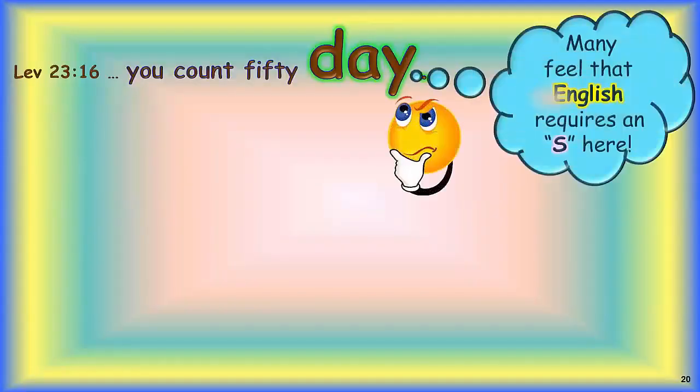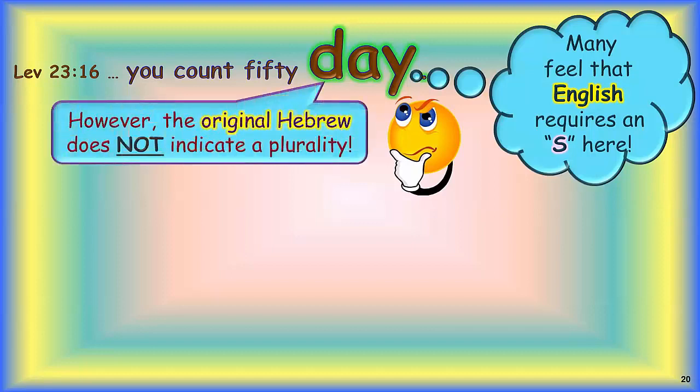Leviticus 23:16, you count 50 day. Many feel that English requires an S here. However, the original Hebrew does not indicate a plurality. In other words, a single day cannot indicate 50 days or an additional 50-day count.